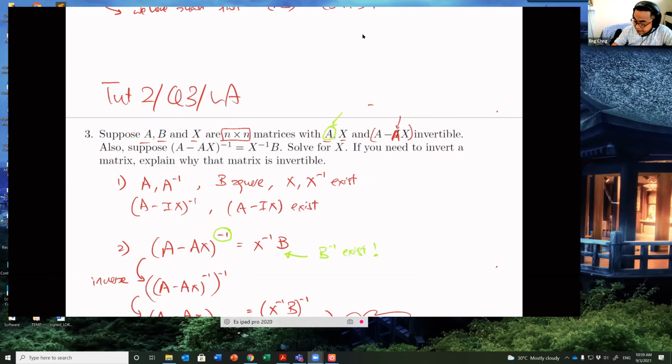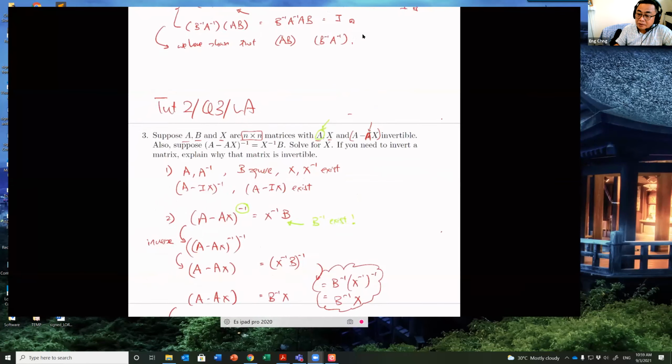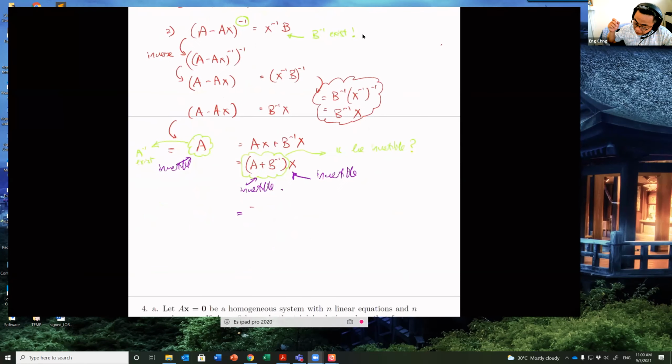So the left-hand side is invertible. The right-hand side is a product of two matrices. We are already told that this guy is invertible. This guy is invertible. Therefore, this guy must be invertible. And the answer comes that I can now multiply by A plus B minus 1 inverse. It exists. So I can just grab him up. X and then the left-hand side.